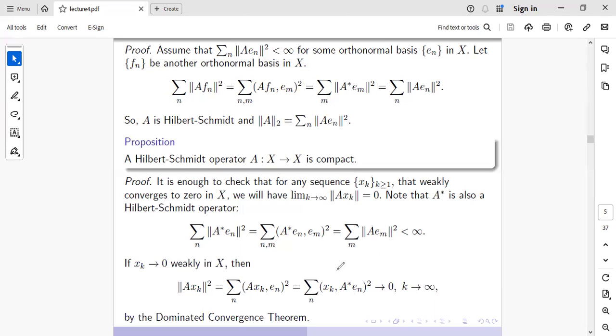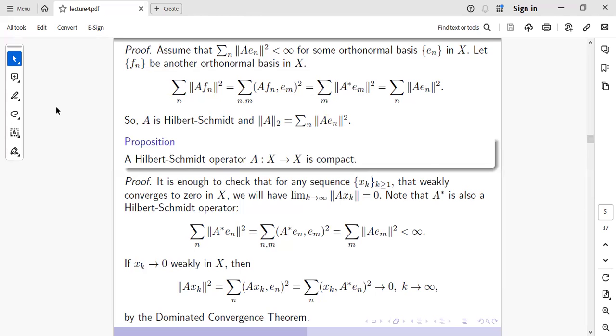And also we can bound this by norm of x_k times norm of A adjoint e_n squared. And also recall that a weakly convergent sequence is bounded. So by dominated convergence, we get that Ax_k converges to 0.